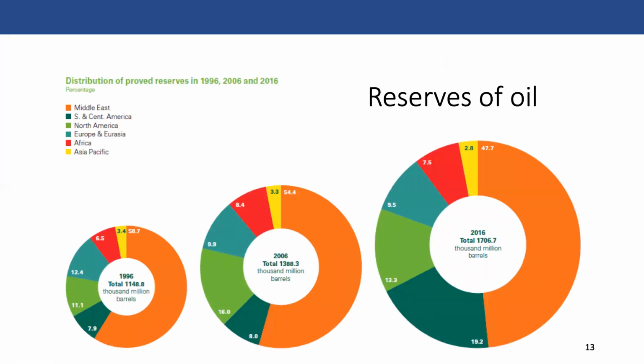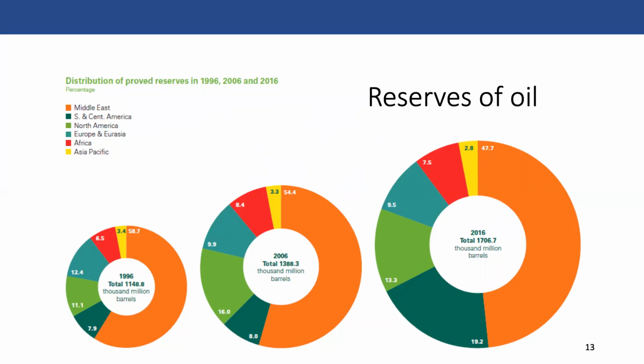So this is similar to the set of charts from before, looking at the same data source, looking at the change in the quote-unquote sort of proved reserves in 1996, 2006, and 2016. So here you can see over the last several decades, the reserve number has consistently been increasing, and there's a couple reasons for that.